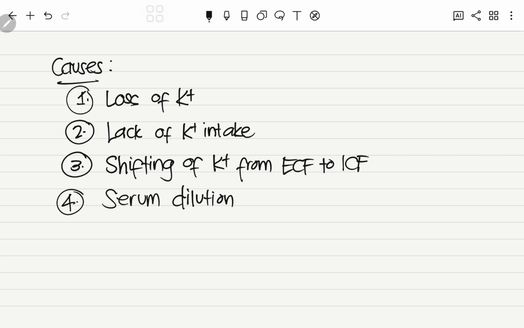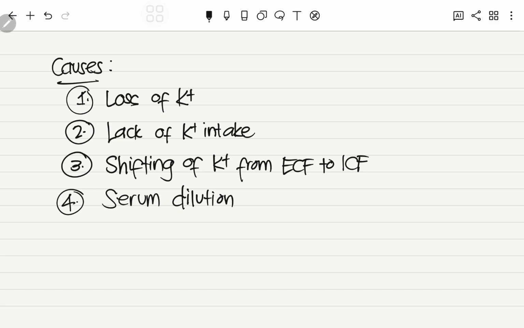Kasi kapag naman magkaroon tayo ng halimbawa, it is affected by temperature, it is also affected by the other components that's located in your blood, halimbawa in your hyperglycemia in the case of your diabetes. So nagiging mas malapot, nagiging mas viscous yung ating blood. So dito sa inyong number 4, one of the causes of your hypokalemia is that yung ating pong dugo ay nagkakaroon ng hemodilution. We call it serum dilution.